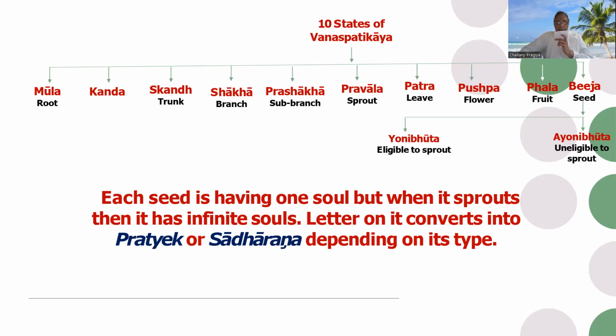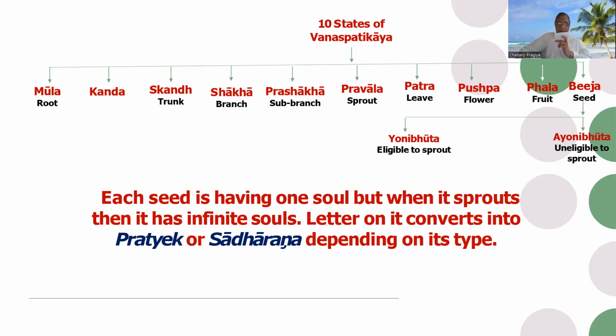Now we have to see that nowadays there is a modern trend of eating, that people are sprouting so many things, and they think that it gives more energy and is good for health. But we have to understand that whenever a seed is sprouting, at that moment it has an infinite number of souls.